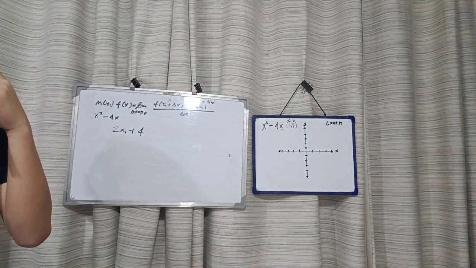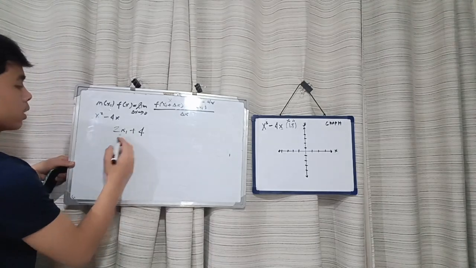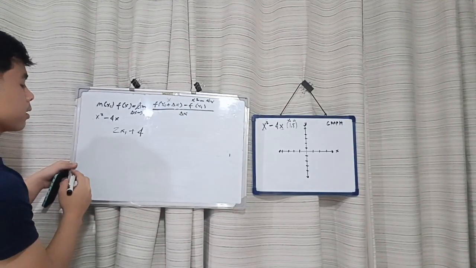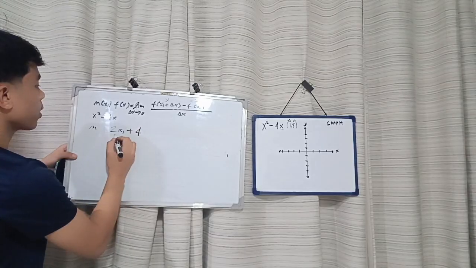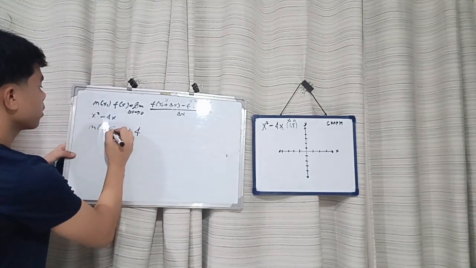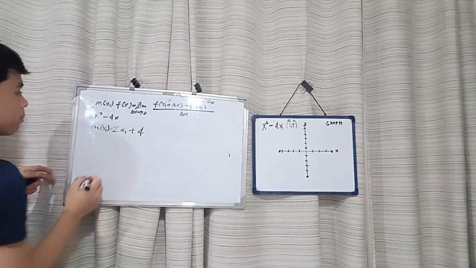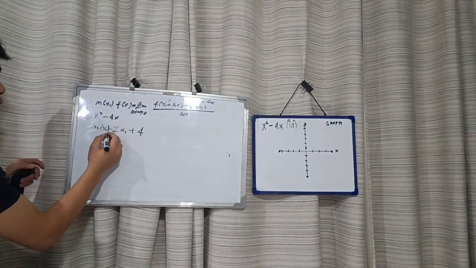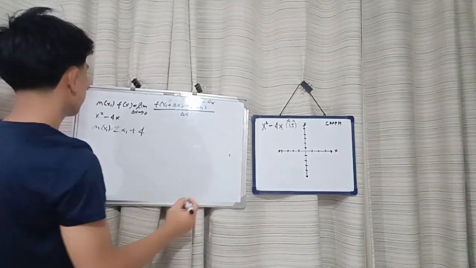Since you get your m, which is 2x sub 1 minus 4, you can substitute x sub 1, which is 1, and y sub 1, which is 5.